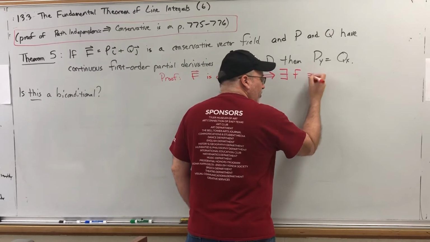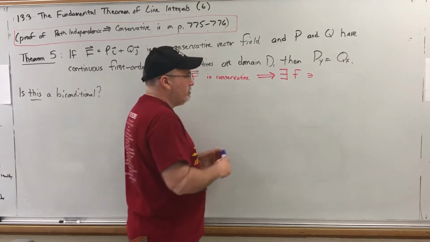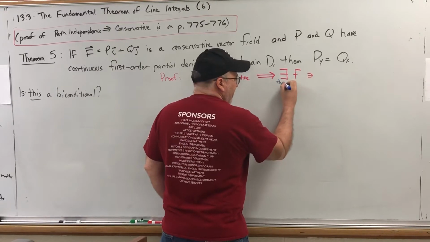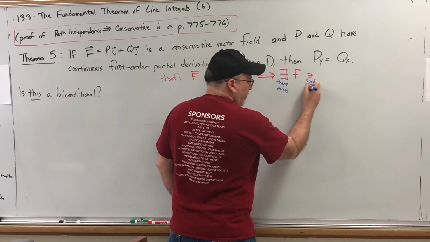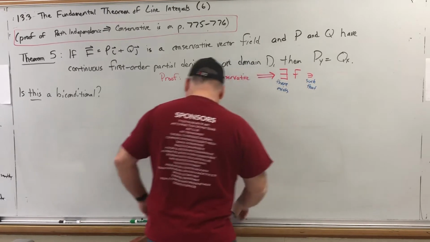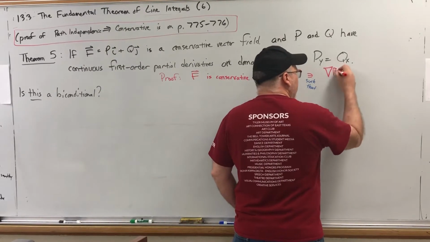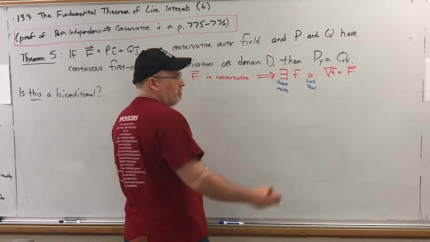It's a backwards lowercase epsilon. It's a symbol for the phrase such that. There exists a function f such that the gradient of lowercase f is equal to capital F as a vector function. That's what it means to be conservative.